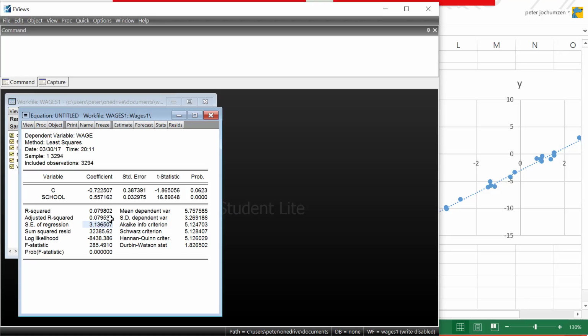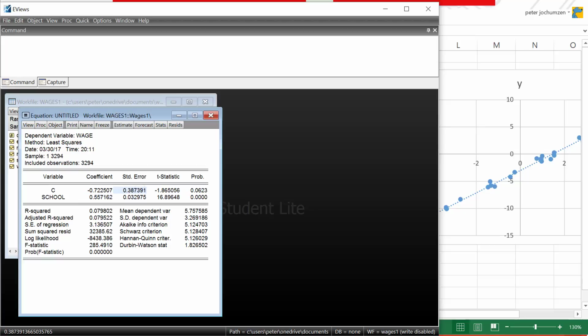In eViews, you get the standard errors in the second column. So this 0.032975, that's the standard error of B2. It's a measure of how well we were able to estimate B2. This is the standard error of B1.